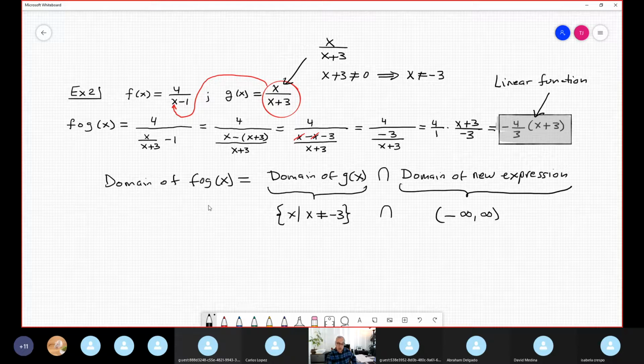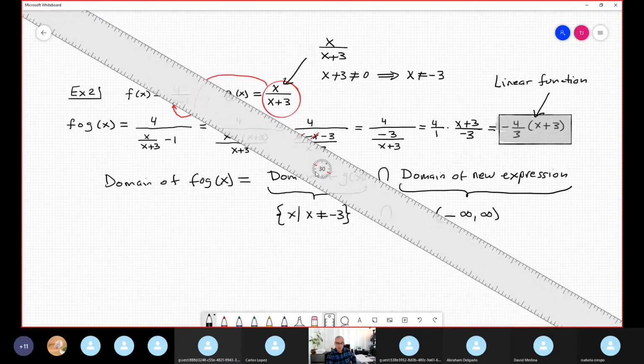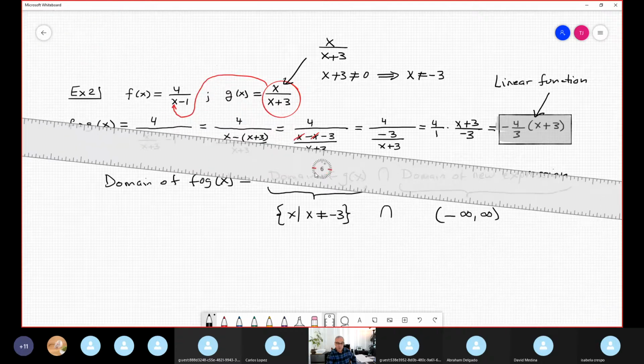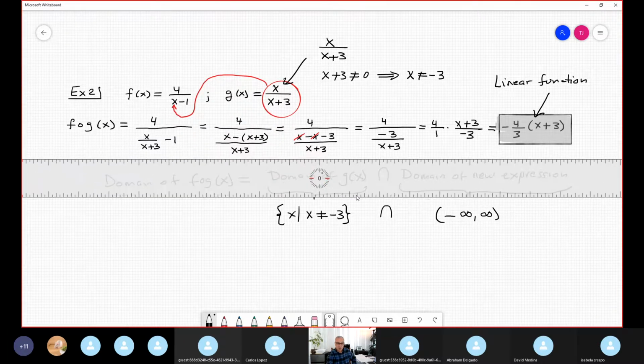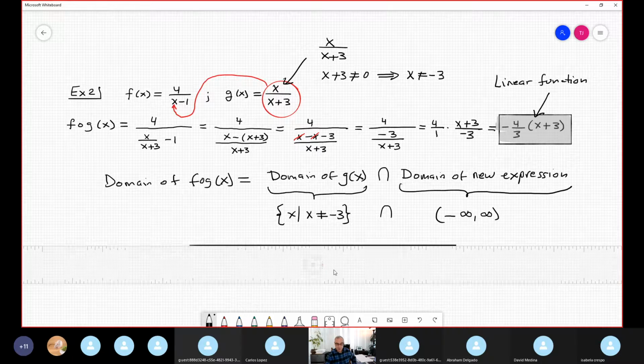So one potential interpretation of this is, look, this visual representation of all the real numbers. This is 0 here in the middle.